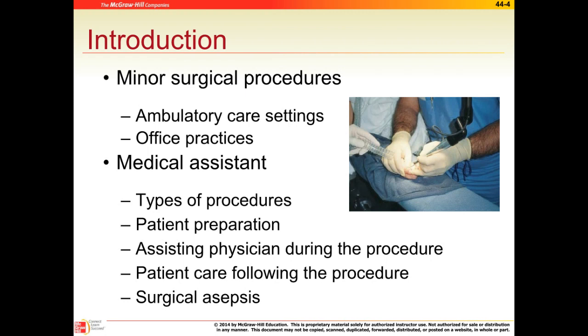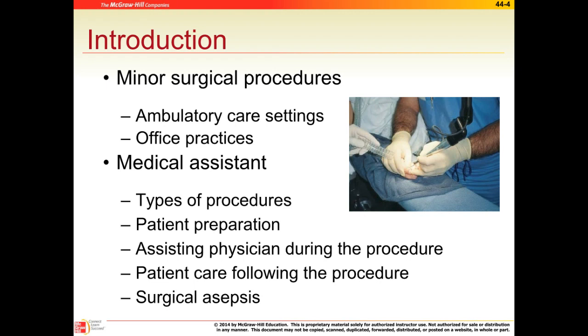Okay, so we're going to talk about minor surgical procedures. These are done in an ambulatory care setting or an office practice, for a doctor's practice. So what does the medical assistant do? There are different types of procedures that you help prepare for. Get all of the instruments and everything ready. You prepare the patient if you need to clean an area, if you need to drape an area, those kinds of things.